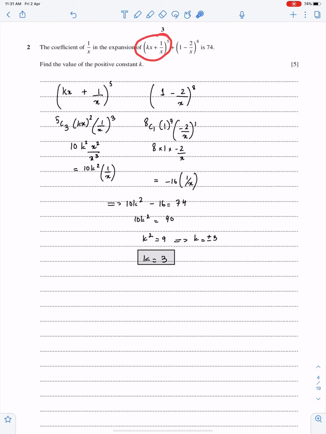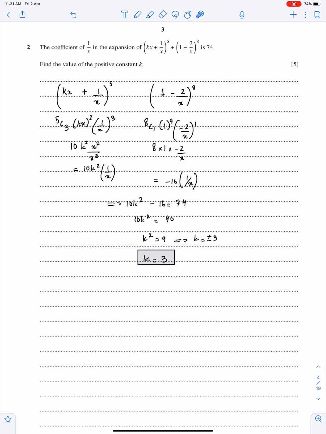Since this expansion is simple, you can predict the term. So which is the fourth term, 5c3. 5c3 would contain coefficient 1 upon x. So if you find 5c3, this is T4. So the fourth term contains 1 upon x. When you find T4 from this expansion, you will get this thing.